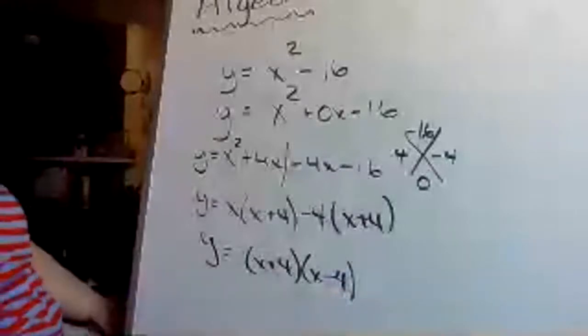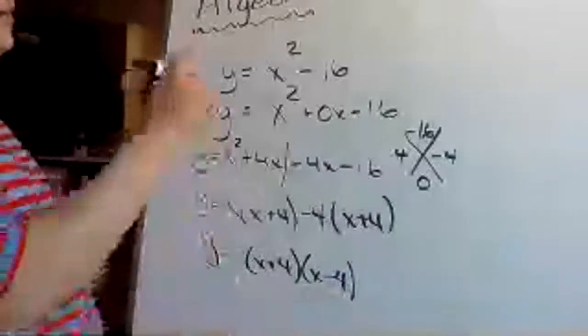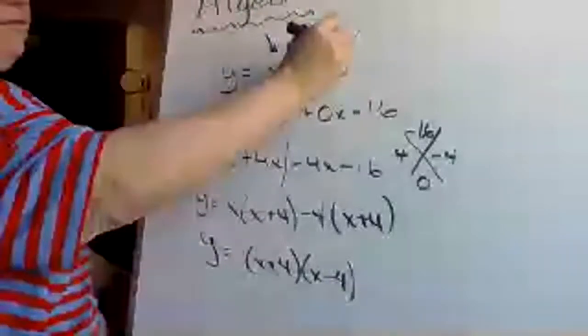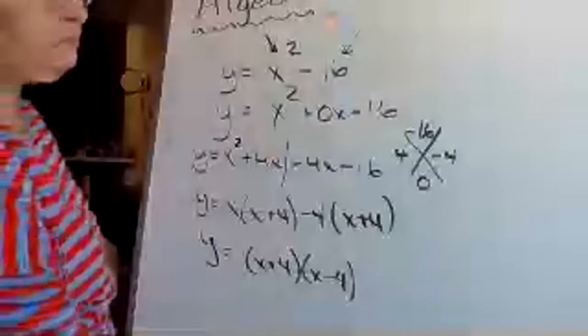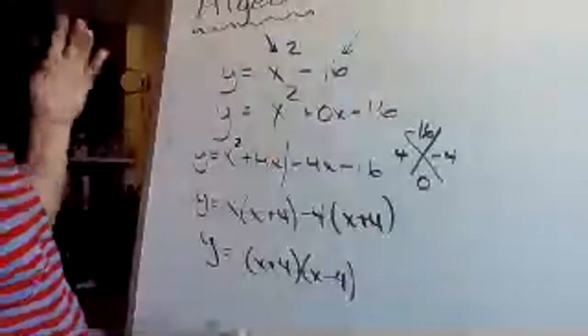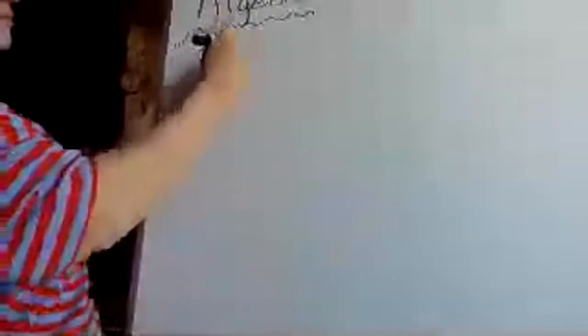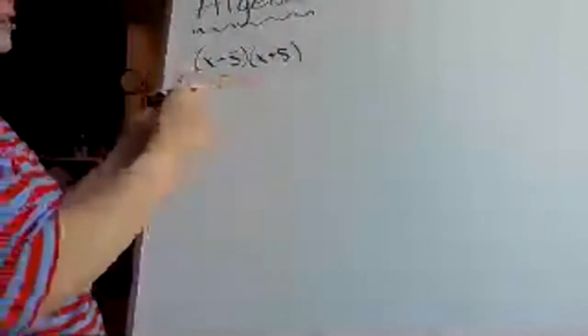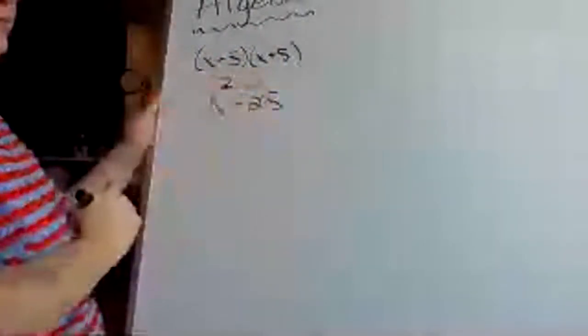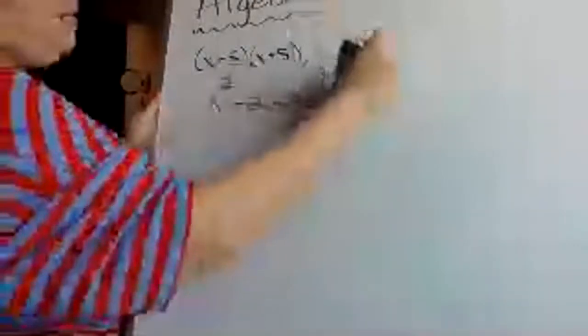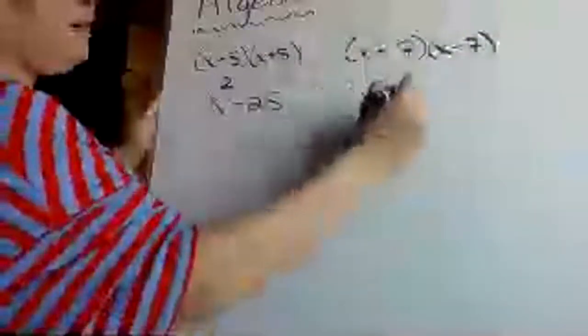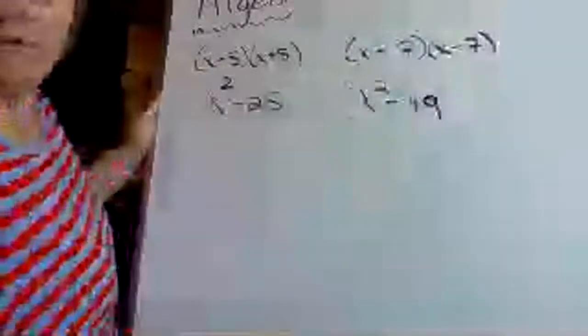And hopefully you remember that this is the difference of two squares. The first one's a square, the second one's a square, and there's a minus sign in between. So I'm going to actually do it the opposite way for a second. I'm going to do it without the y equals for a minute. So in your lesson today or the other day, you learned that this is x squared minus 25. If I have x plus 7 and x minus 7, that's x squared minus 49.